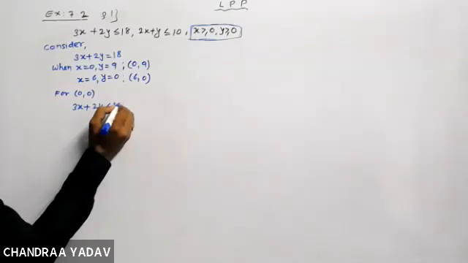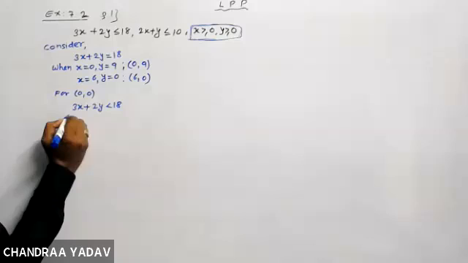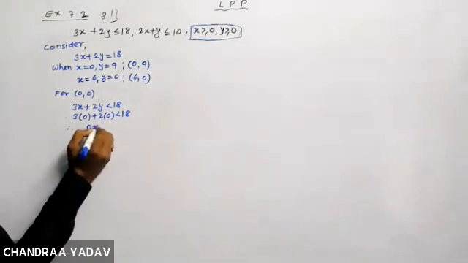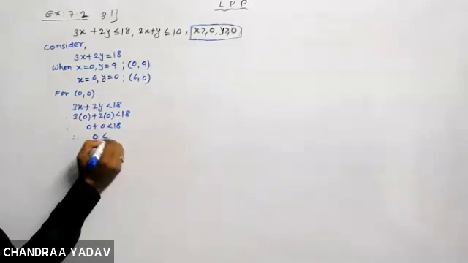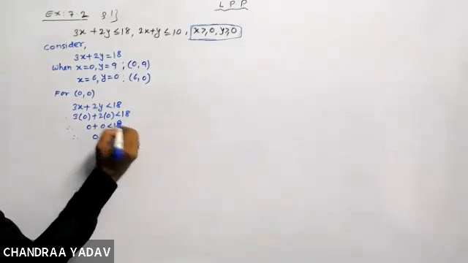For 0, 0: 3x plus 2y is less than 18. 0 plus 0 is 0, and 0 is smaller than 18. Is this true or false?